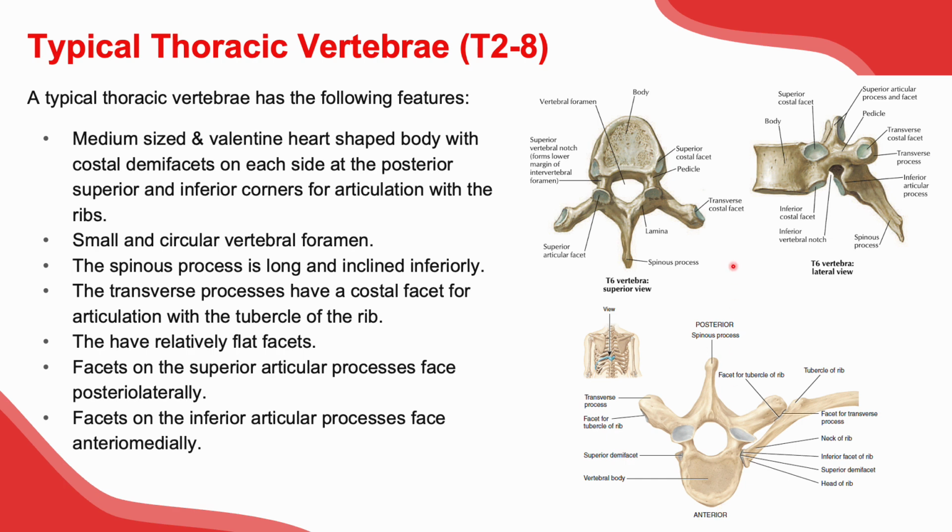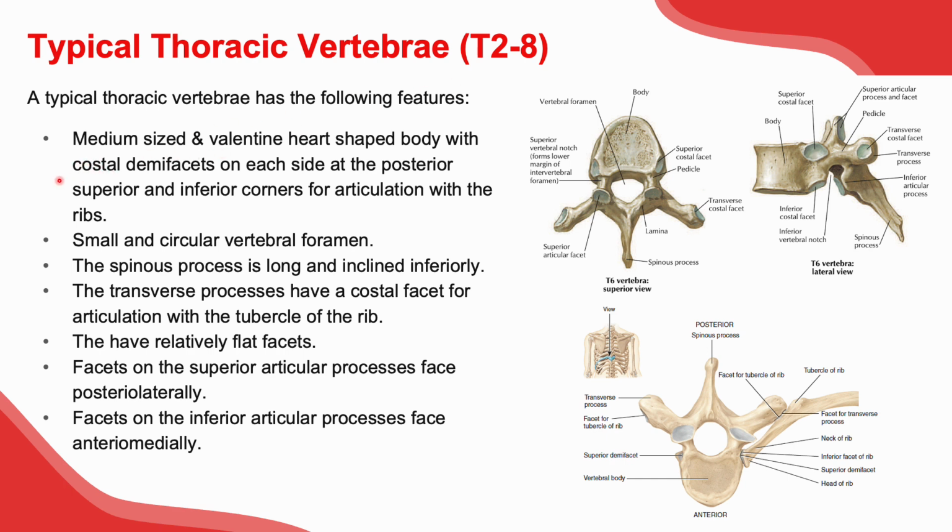It also has costal demifacets on each side at the posterior superior and inferior corners for articulation with the ribs. So a demifacet is just an indentation made from a bone on a bone, and costal means ribs.